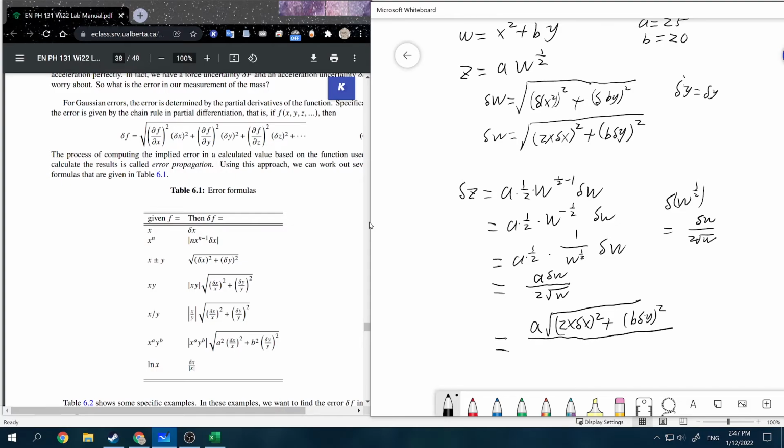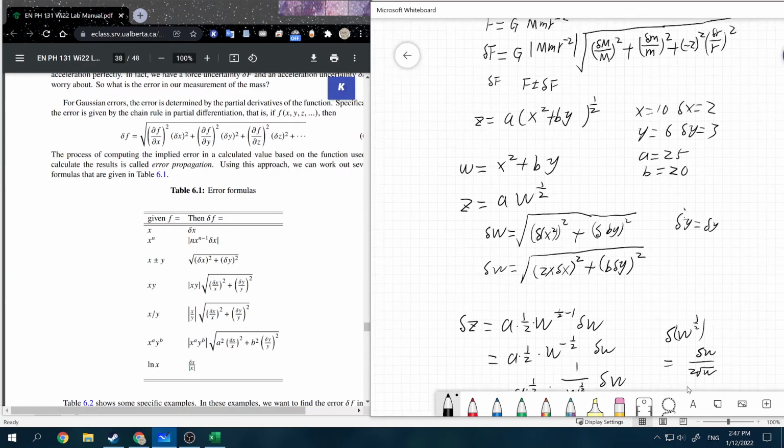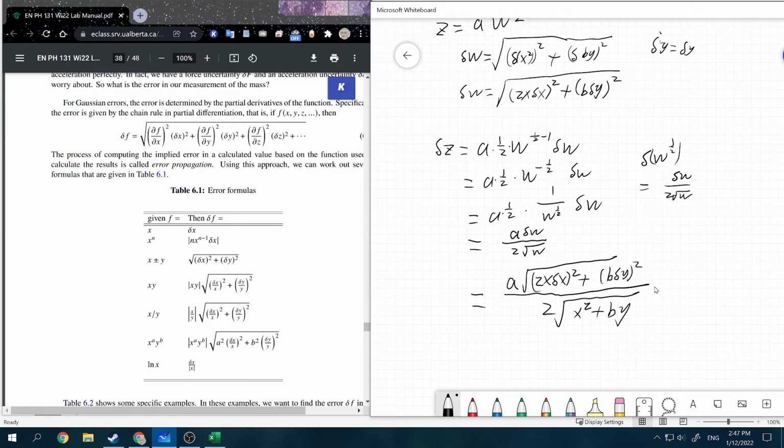You just have to do it step by step. Square root of w is equals to x squared plus y. Yes, so this is the final result for this problem, which is a little complex, but you see, you just follow the steps, and then it's not that hard.